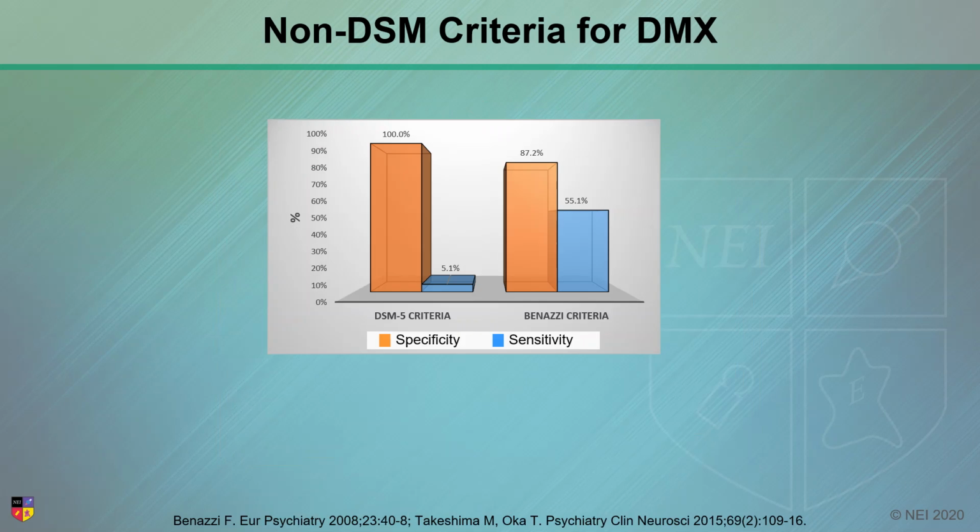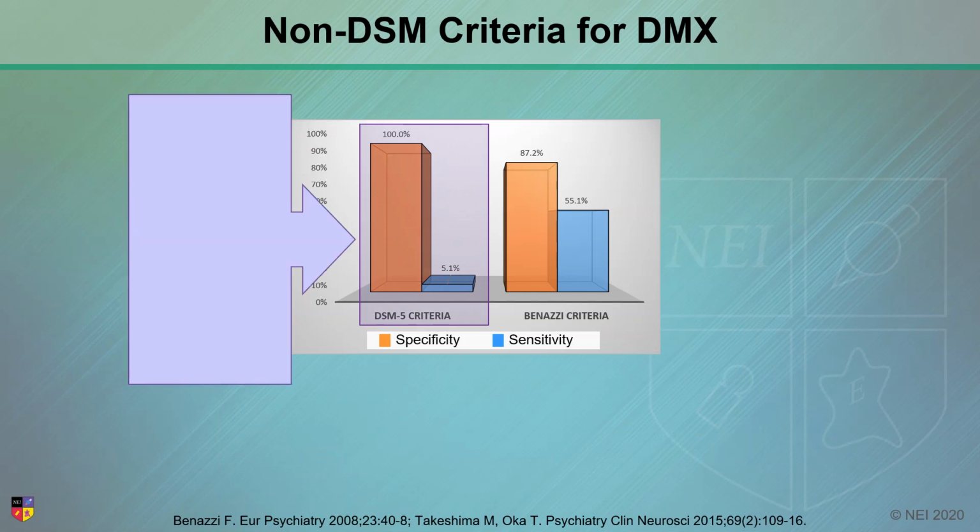The specificity and the sensitivity are much higher using the Benazzi criteria versus the DSM. All patients identified as depression with mixed symptoms by the DSM criteria will indeed have it. To clarify, it's 100% specific because that's the criteria used.